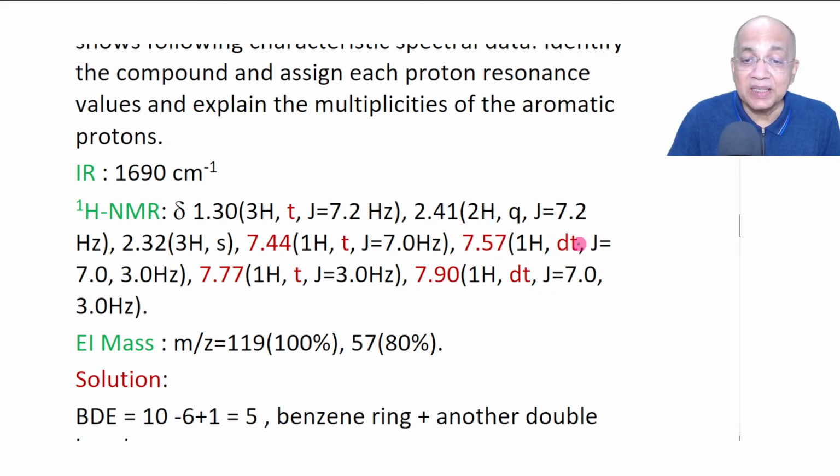There are two DTs, not TDs, and there are two triplets. One with only a smaller J value, that means a coupling with meta protons, J4 couples only, and one only with ortho protons, triplet. So the question of ortho is ruled out.